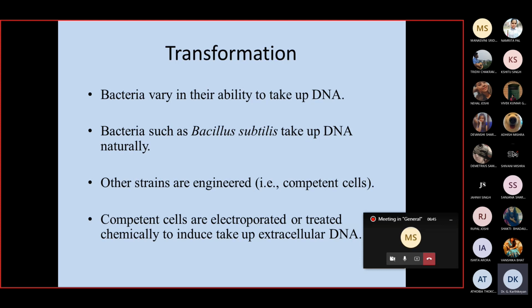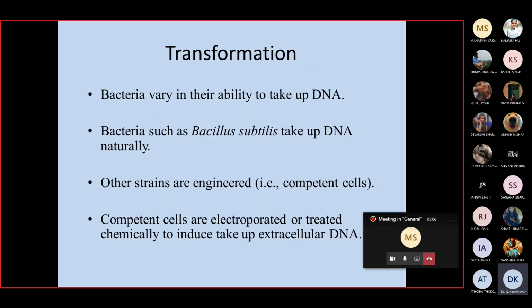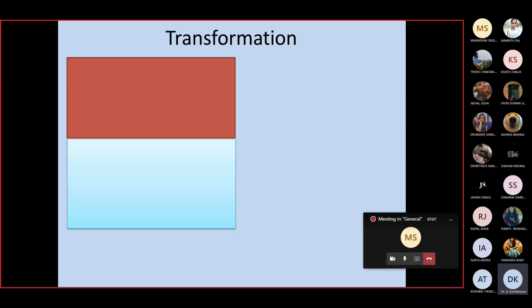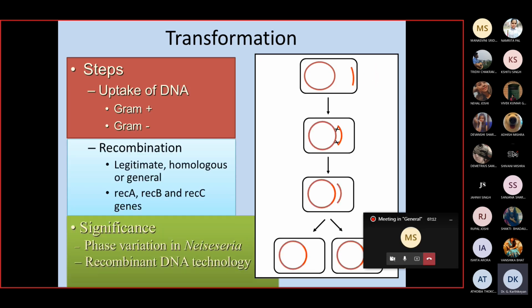So we make cells competent so that they can take up the DNA. Competent cells can be treated with electric shock so that they will take up the exogenous DNA, or they can be treated in certain ways so that they will take up the exogenous DNA. Okay, so we'll start with bacterial transformation.